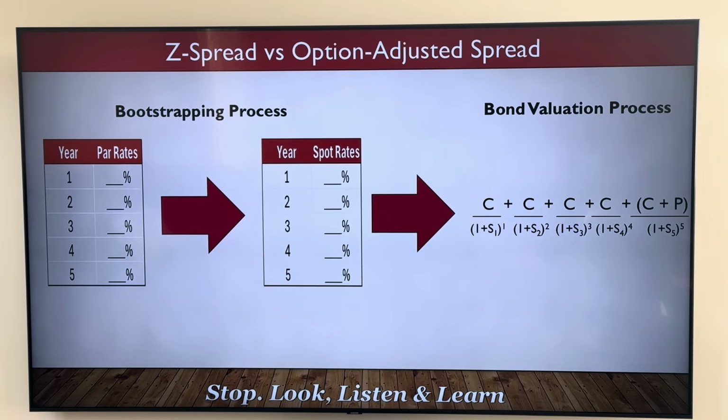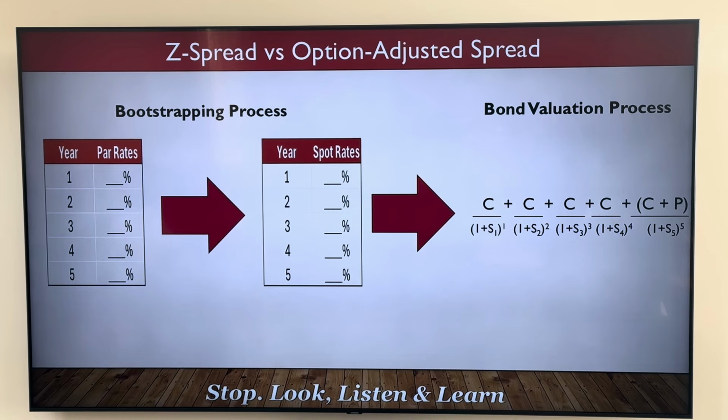So for example, the coupon that's being paid 1 year from now would be discounted by the 1 year spot rate. The coupon that will be paid 2 years from now will be discounted at the 2 year spot rate, and so on and so forth.